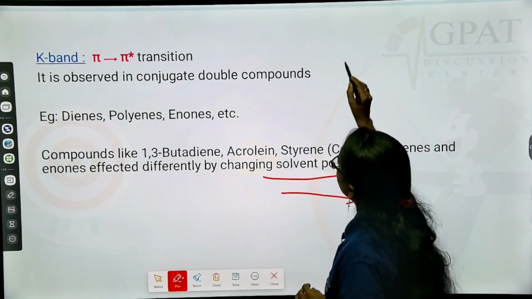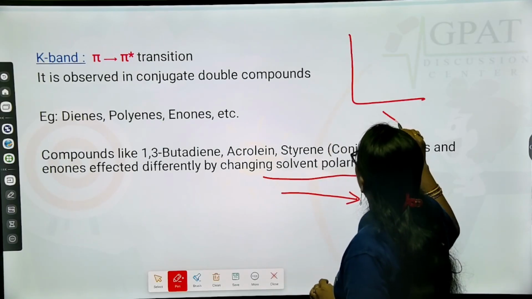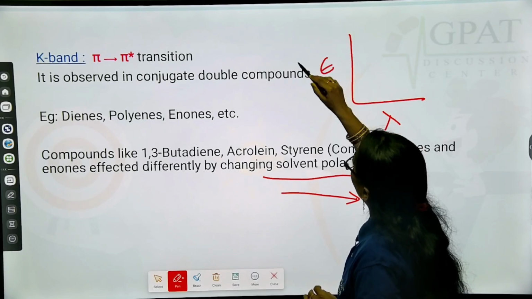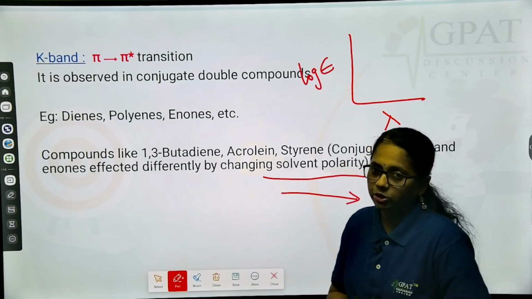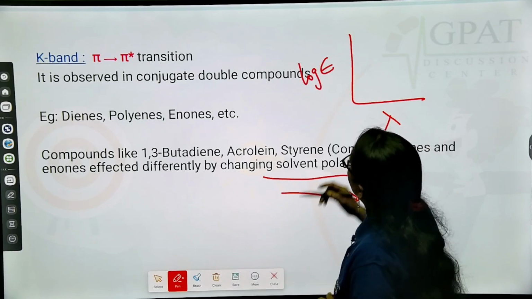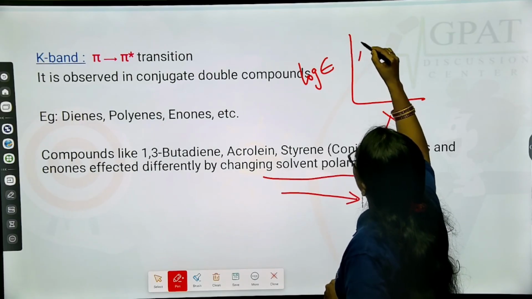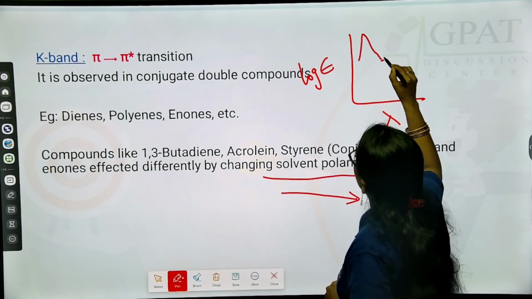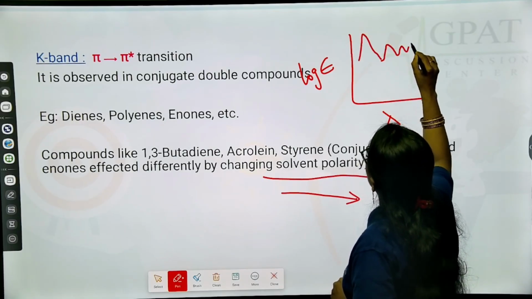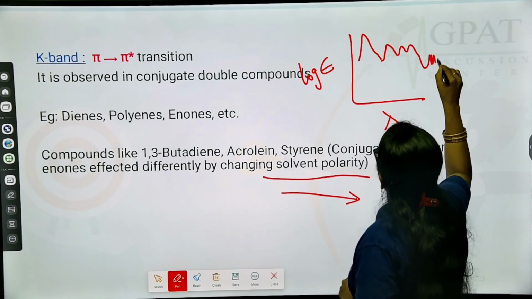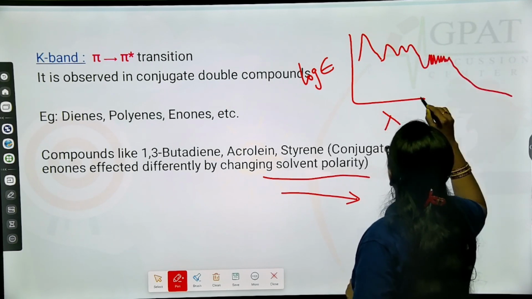Okay, because whenever we plot lambda versus epsilon, or log of epsilon, whatever we are going to take, in this you are going to see the absorption bands like this, sharp peaks, otherwise peaks like this, or otherwise something like this also you are going to observe.